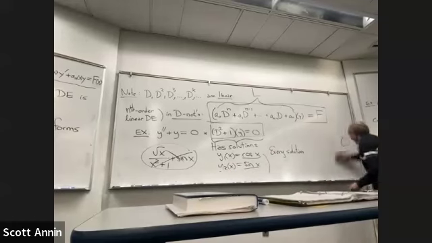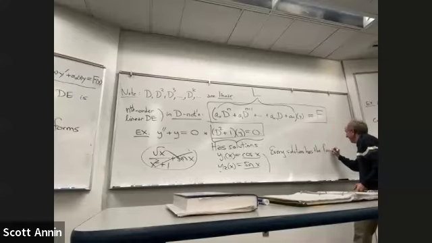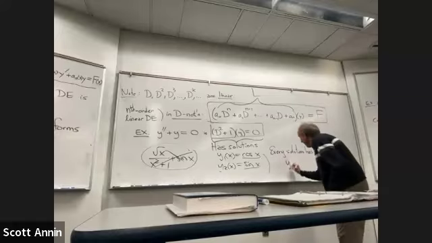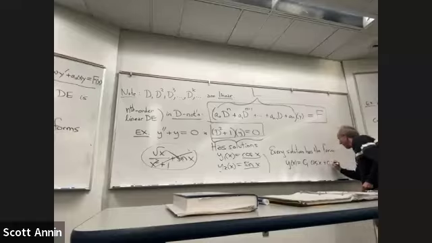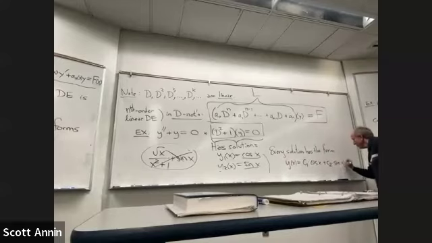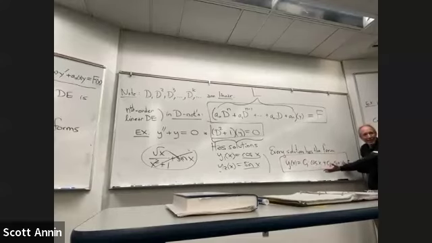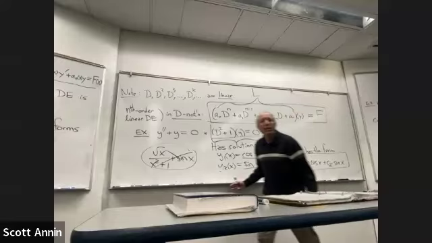Oh, I love this. Has the form some linear combination of that. y of x equals C1 times the cosine of x plus C2 times the sine of x. You're building basically the span of the two solutions that you found.